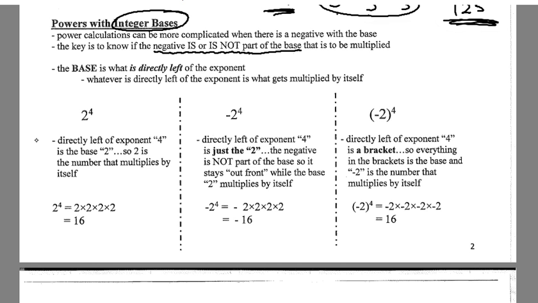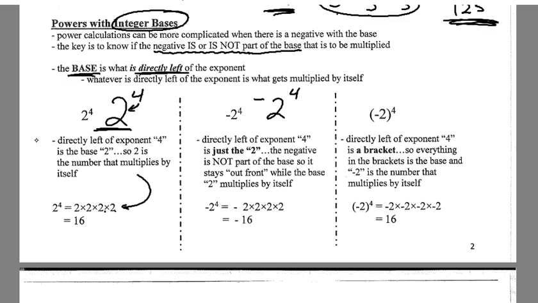And how I always think of it, the base is directly left of the exponent. So in this first one, 2 to the 4, I'm just going to write it a little bigger so it's easier for me to work with. What's directly to the left of the exponent 4? The 2. So the 2 is the base. 2 times 2 times 2 times 2. Seen that before.